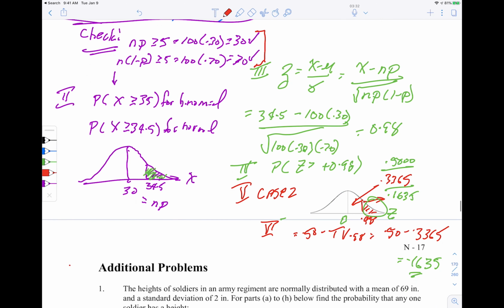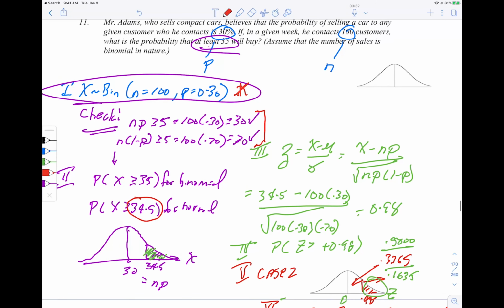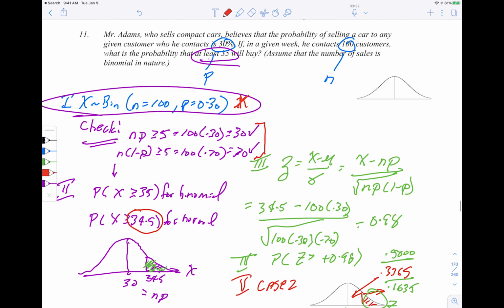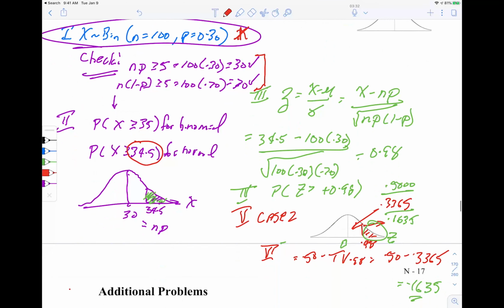And then we need to do this correction for continuity. And in our particular case, this problem said at least 35. Where is that? Yeah, at least 35 here. So that means 35 or more. So that's what we have right here.